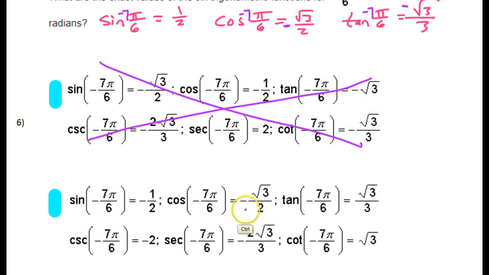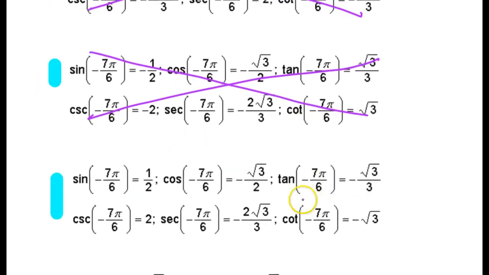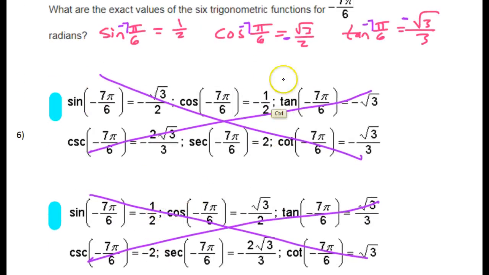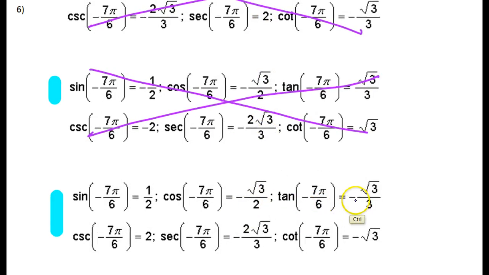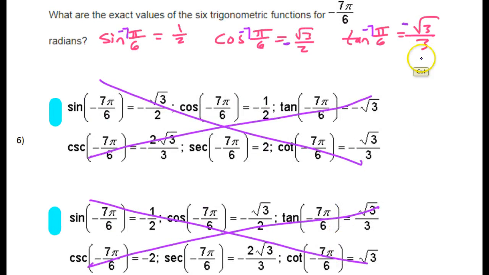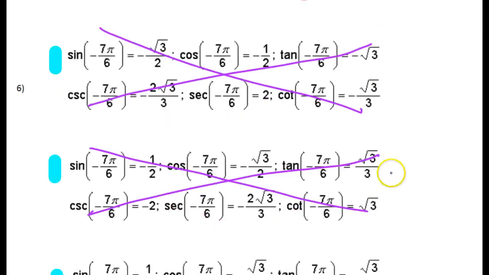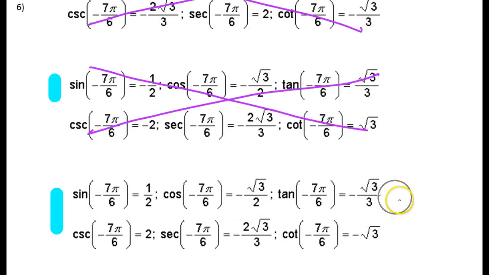Oh wait, sine should be positive 1/2. Okay, this says negative 1/2, so I'm going to throw this out. This one has a sine of positive 1/2, so I'll keep going. Cosine is negative radical 3 over 2, which is what we have. Tangent, it says negative radical 3 over 3, which is what we have. So all of those are matching.